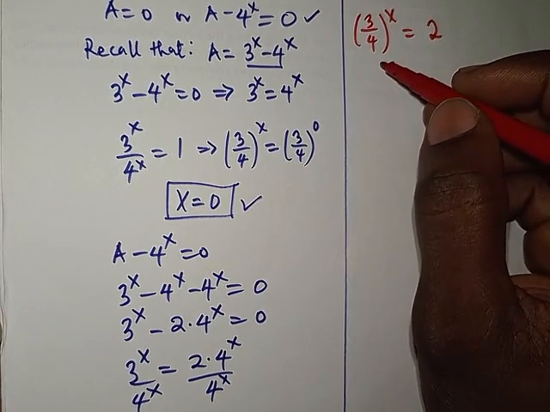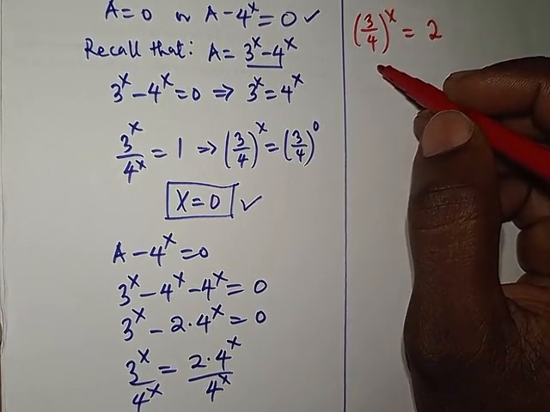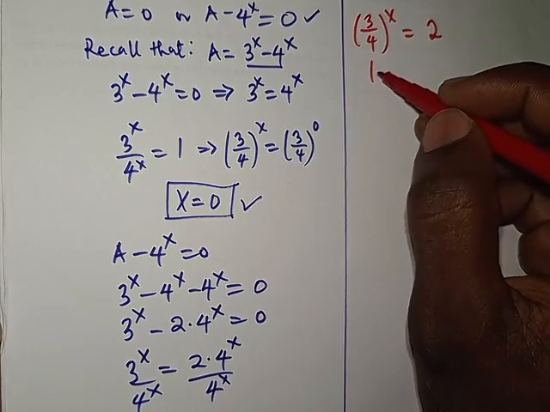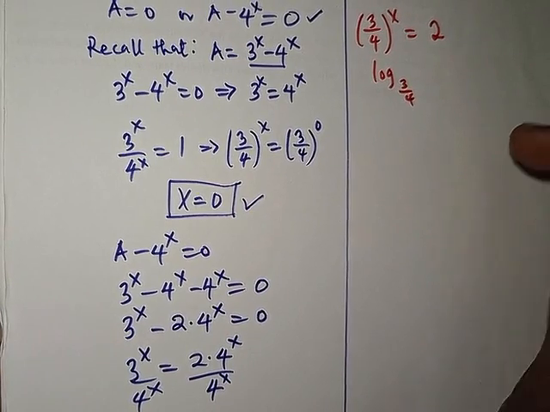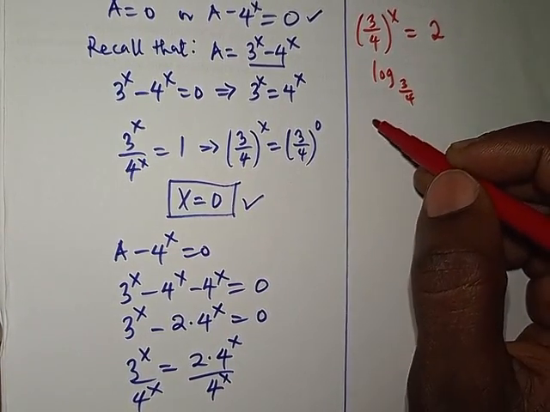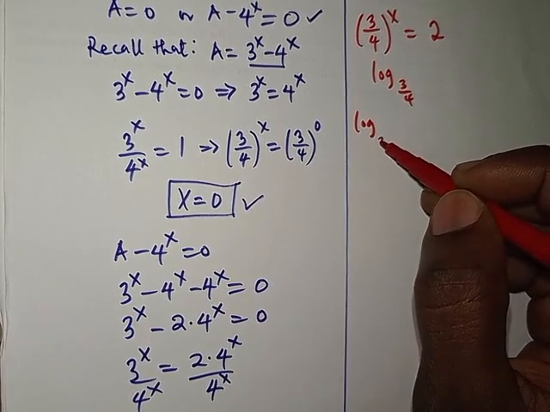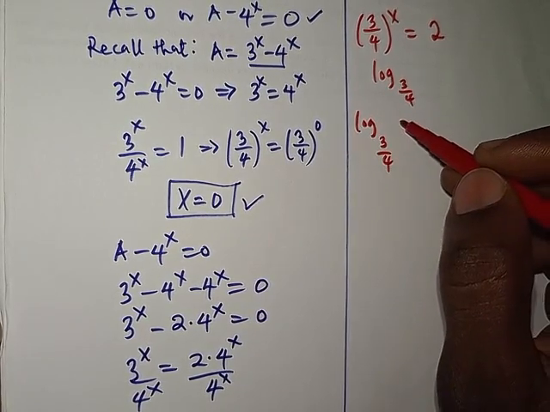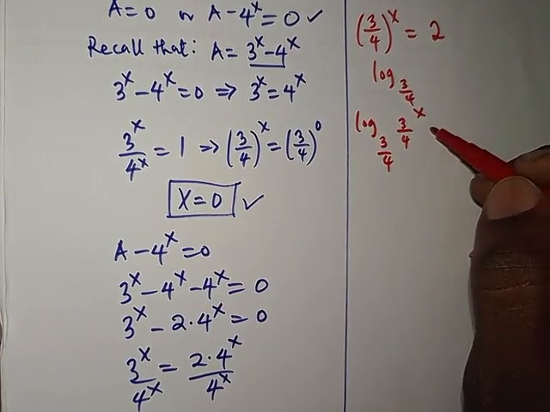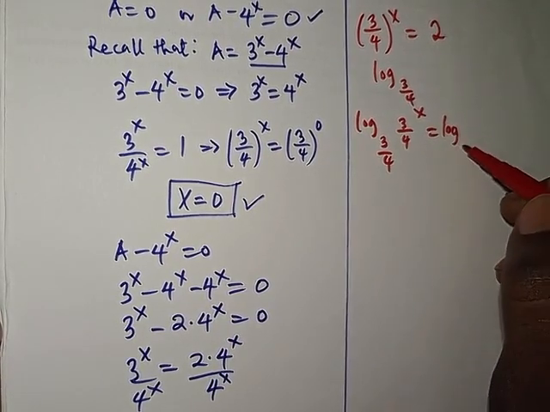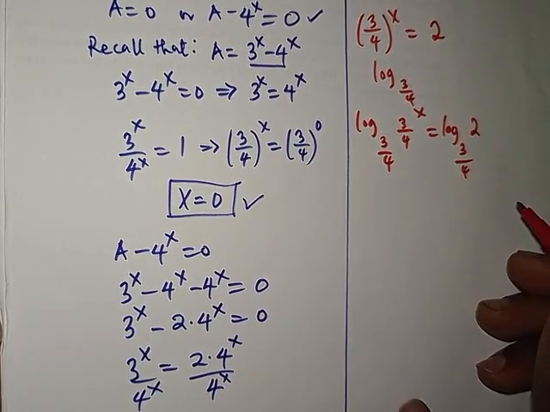We're going to introduce natural log to both sides, or let's say we introduce log base 3 over 4 to both sides of this equation. So this is going to be log base 3 over 4 of 3 over 4 to the power x, equals log base 3 over 4 of 2. Are you getting it now?